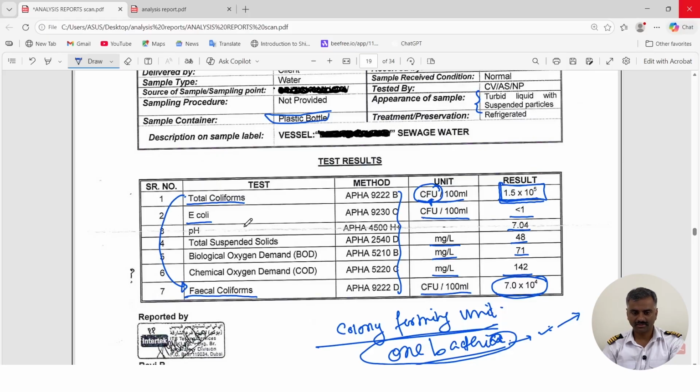Okay, so let us discuss what all these parameters may vary with the latest MEPC requirements.